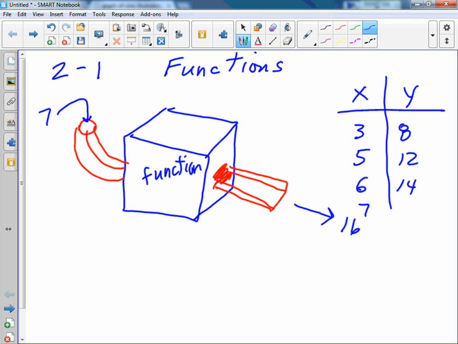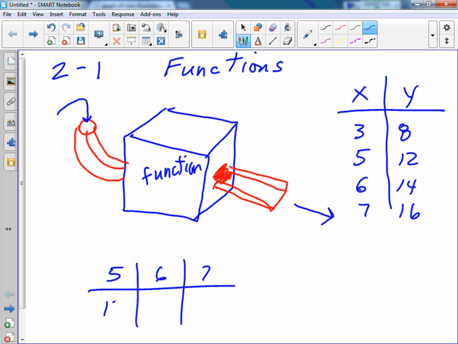Can you see it? List them out. Those middle 3 will help us: 5, 6, 7, and 12, 14, 16. So let's think about what kind of a function this is.